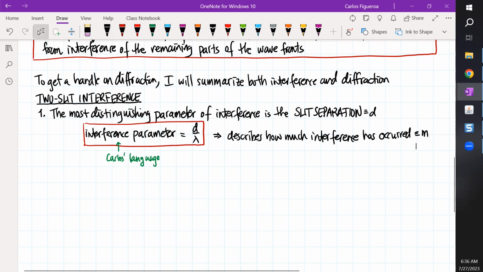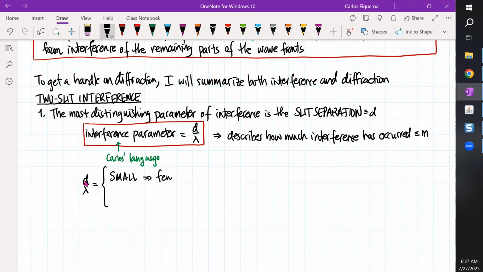So again, doing what we talked about before, if I look at d over lambda, and I start to look at what actually happens: if this number is small, then that means I have few fringes. And if I have few fringes, then I'm going to say that this is a small interference.